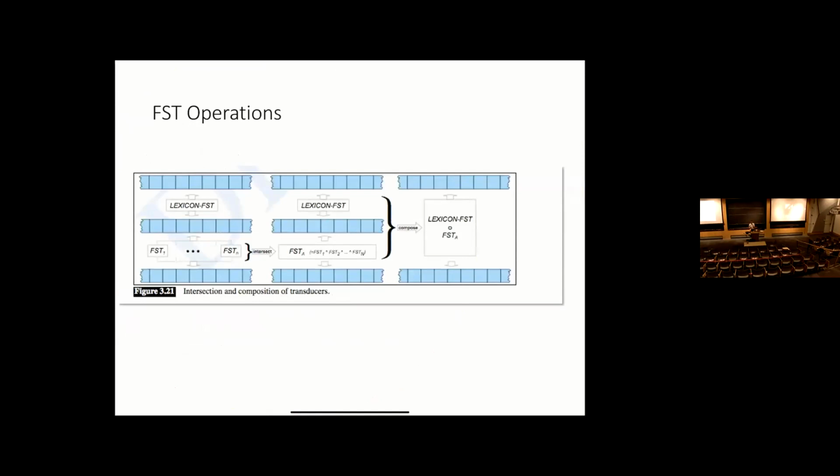So let's say we have a lexicon FST, this morphotactic FST, and then these allomorphic FSTs. We want to combine everything together into one big FST.